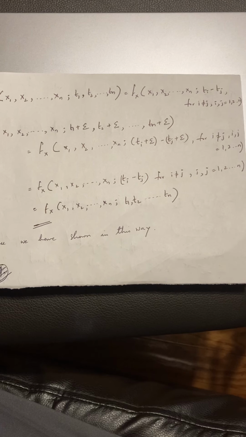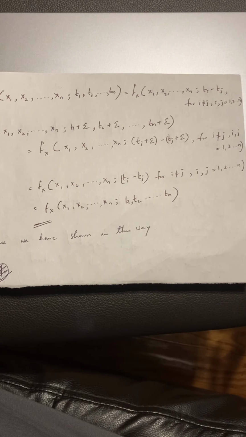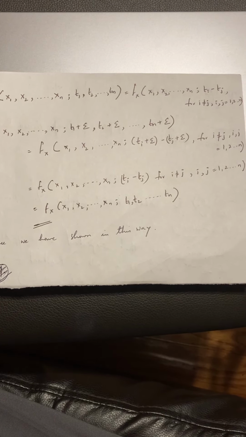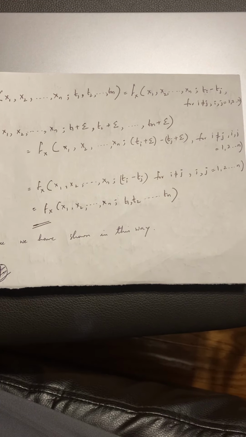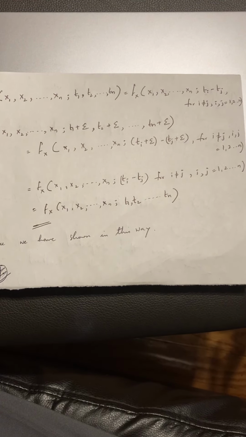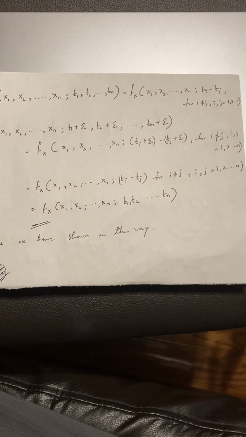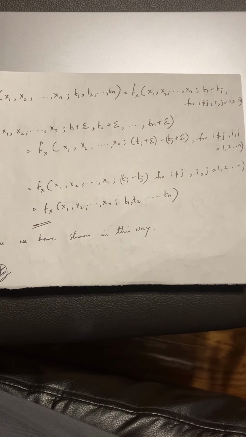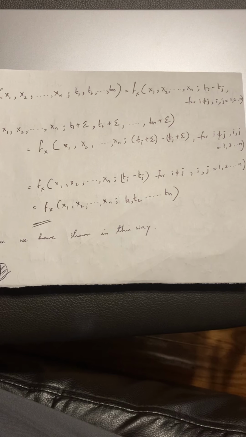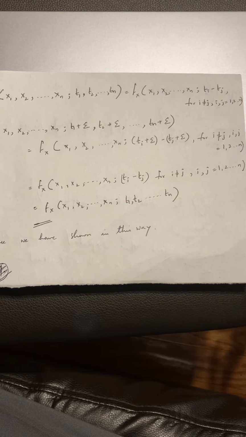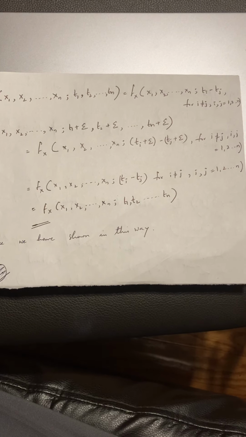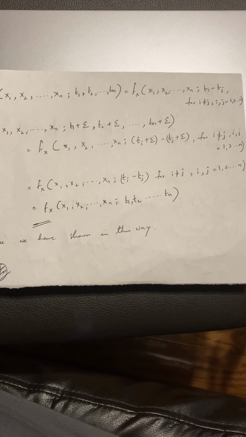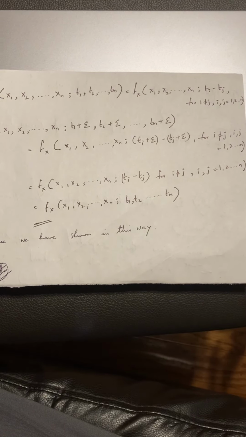This can be rewritten as the density function of x1, x2, and so on up to xn with ti minus tj, i not equal to j. This can simply be written as the density function of x1, x2, and so on up to xn for time instances t1, t2, and so on up to tn.